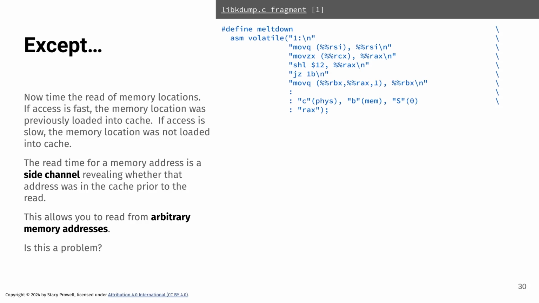So when I go back later, I can time my cache read. And if a cache read is slow, it's a 0, and if it's fast, it's a 1. And so I can then learn something about what happened during the instructions that were technically never executed because they got thrown away because I didn't have permission to access the memory.